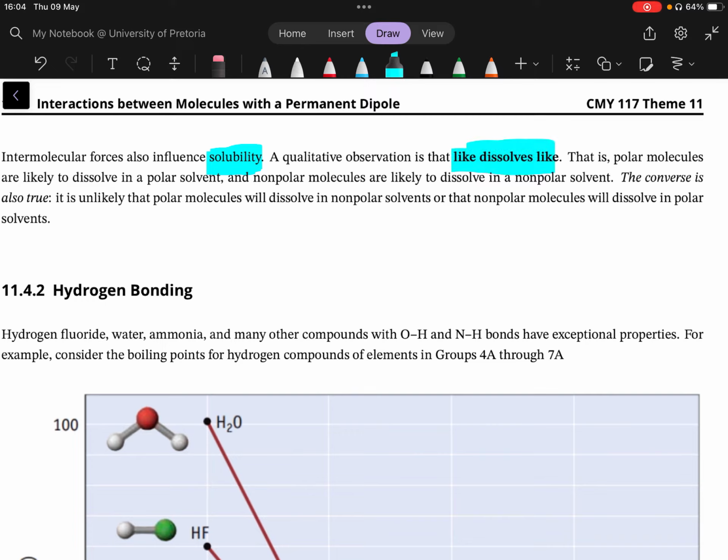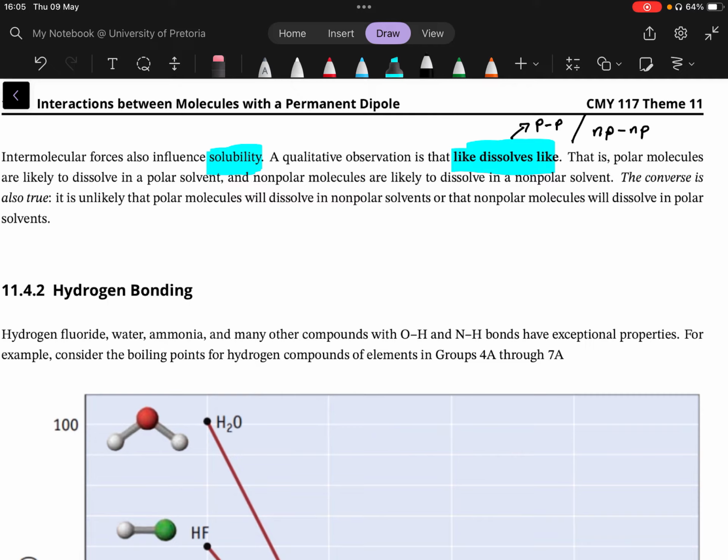So a polar molecule will dissolve a polar molecule, and a non-polar molecule will dissolve a non-polar molecule. It's not likely that a polar molecule dissolves a non-polar molecule. Essentially, polar goes with polar and non-polar goes with non-polar.